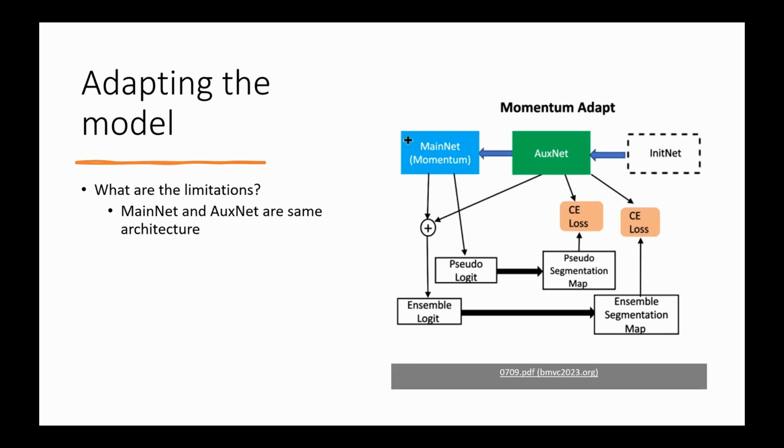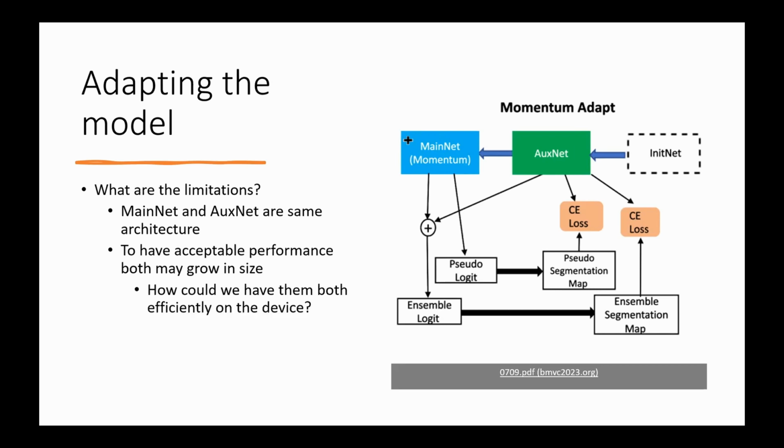That means if we want acceptable performance, we have to grow the size of these networks, and that's obviously something we could not afford on a mobile device. So we are posed with the question, how could we have them both efficiently trained on the device?